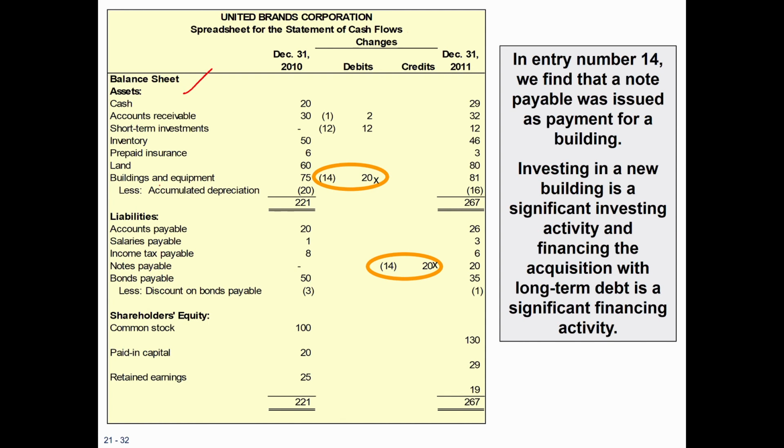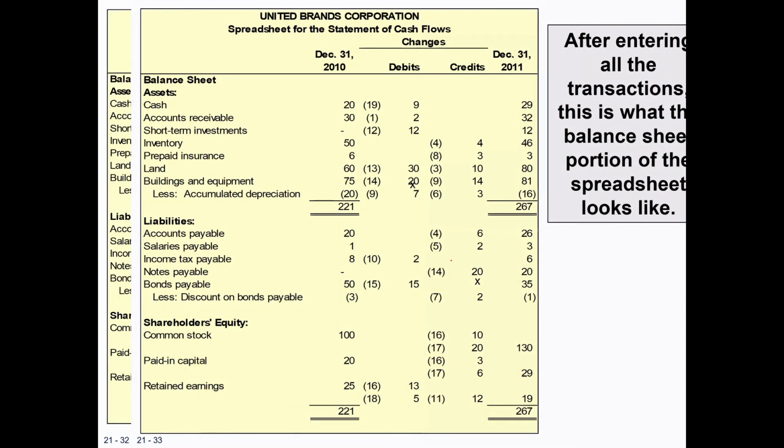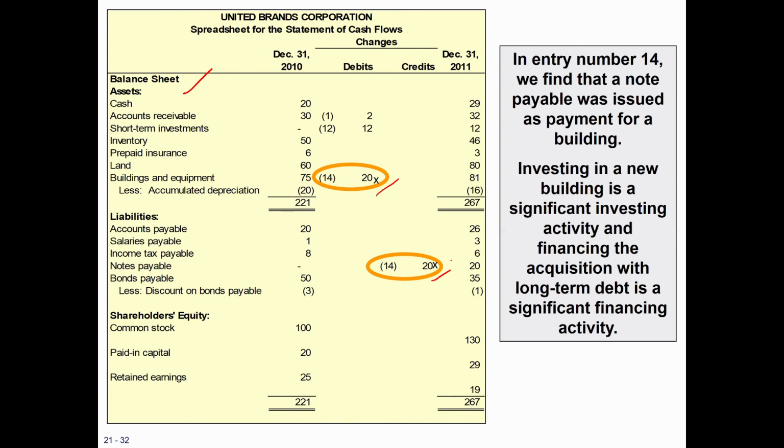You see the buildings and equipment, which we increased by 20 and we signed a note for 20. Oh, by the way, I forgot to do that one.